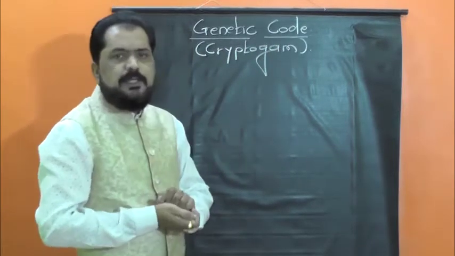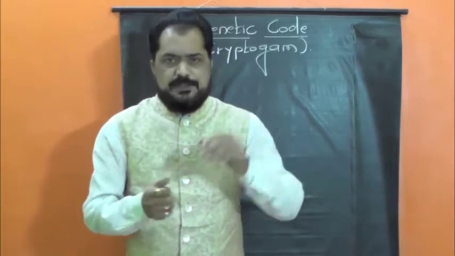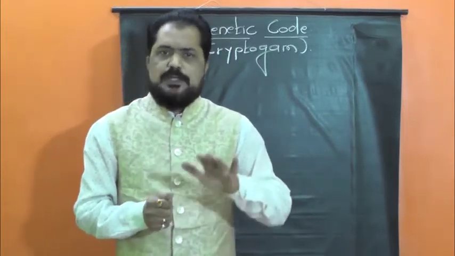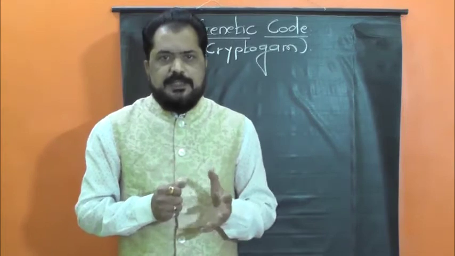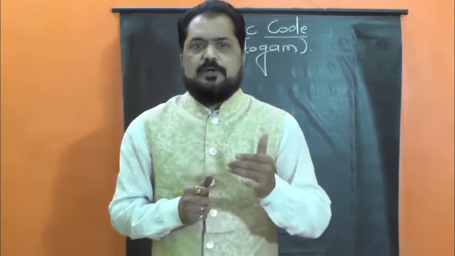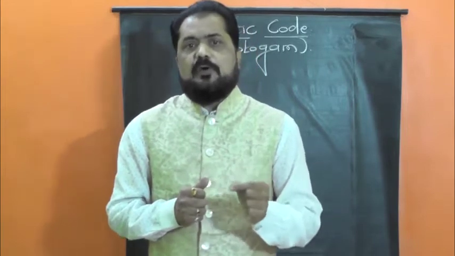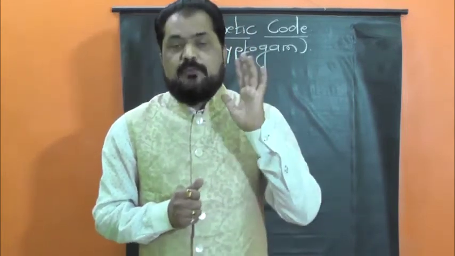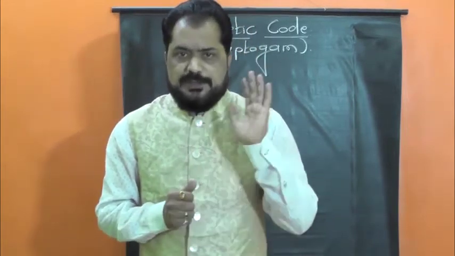So the meaning of genetic code is very simple. Genetic code is nothing but the basic genetic information present on DNA in the form of code language for the process of protein synthesis.